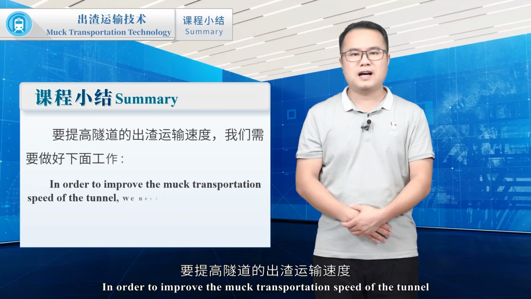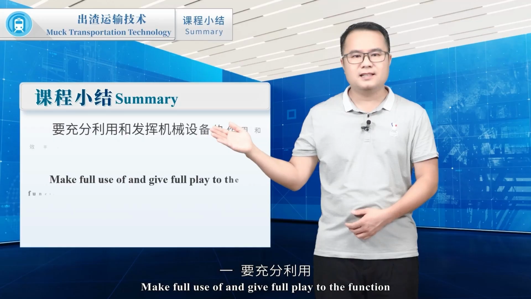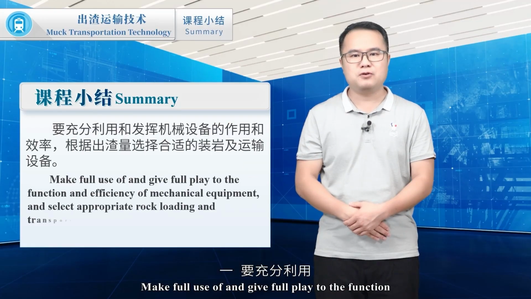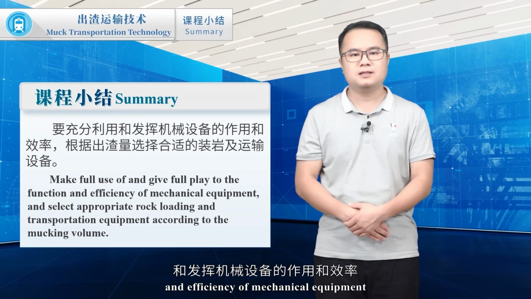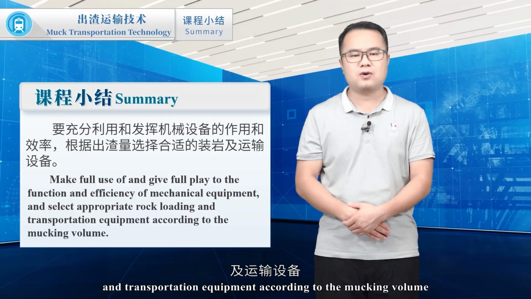In order to improve the muck transportation speed of the tunnel, we need to do the following work. 1. Make full use of and give full play to the function and efficiency of mechanical equipment, and select appropriate rock loading and transportation equipment according to the mucking volume. 2.